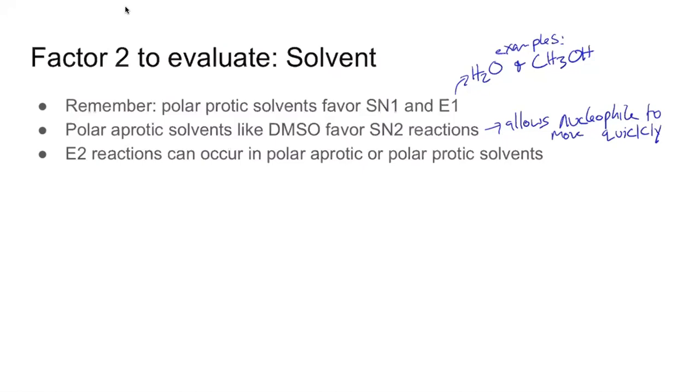Also, I just wanted to correct myself. I can't remember if I said polar aprotic have anion or cation, but polar aprotic solvents do not have anion solvation. They only do cation solvation. Sorry if I said that incorrectly.